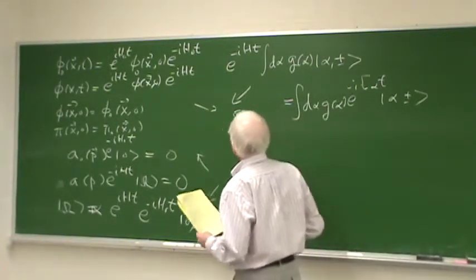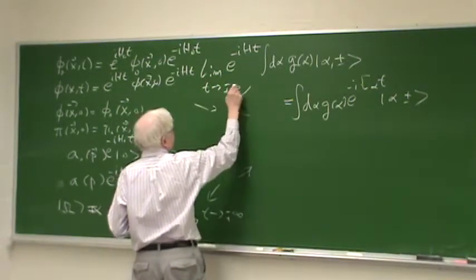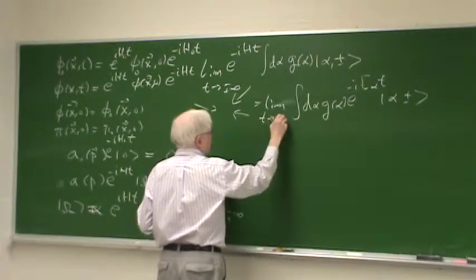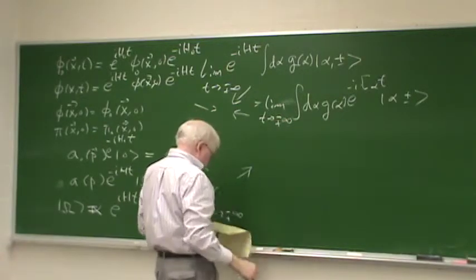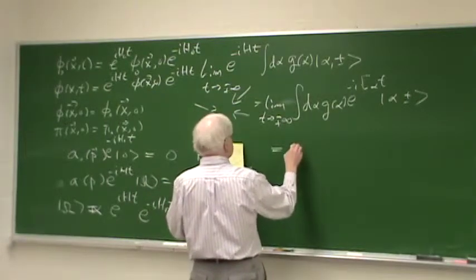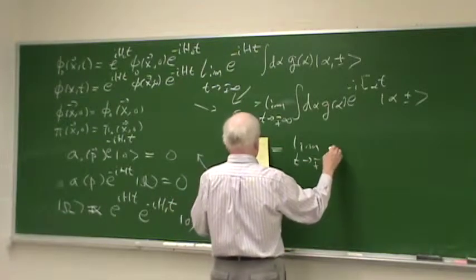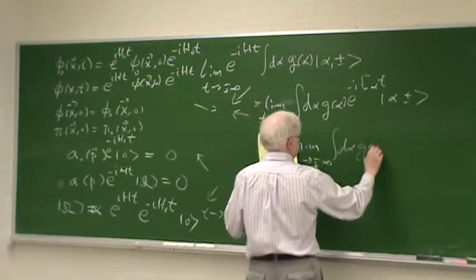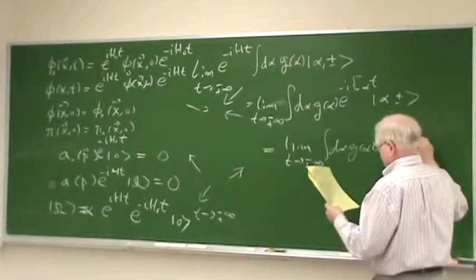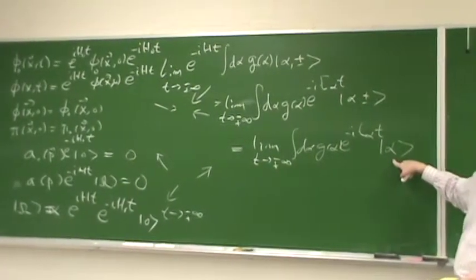And then the idea is that if we take the limit as t goes to minus or plus infinity, then what we're getting is the same thing in some sense as the limit t goes to minus or plus infinity of the integral d alpha g of alpha e to the minus i E alpha t of these eigenstates now of the free theory.